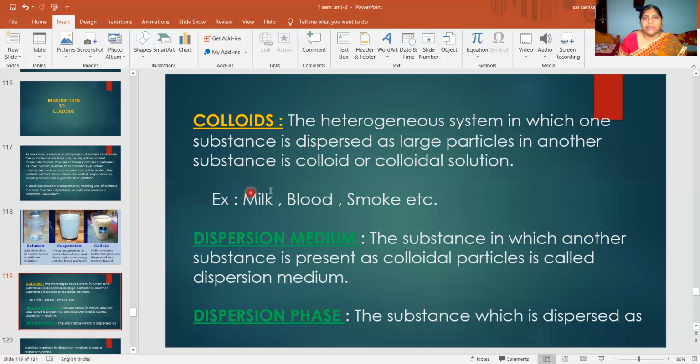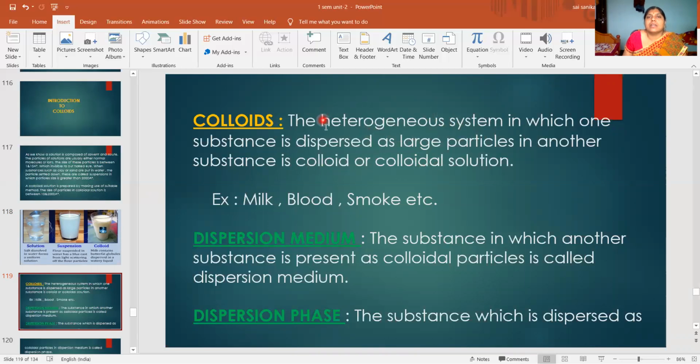So colloids, definition. A heterogeneous system in which one substance is dispersed as larger particles in another substance is called a colloid or colloidal solution. This is a heterogeneous system, whereas a solution is a homogeneous system.